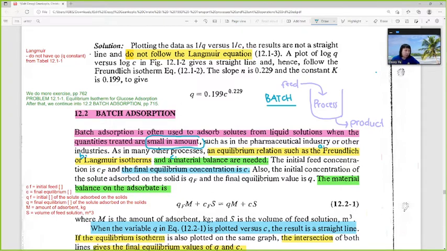In batch absorption, we will absorb a small quantity in a waste sample, maybe here, and the implementation of this batch process utilizes the Freundlich isotherm or Langmuir isotherm. And then batch absorption uses material balance.